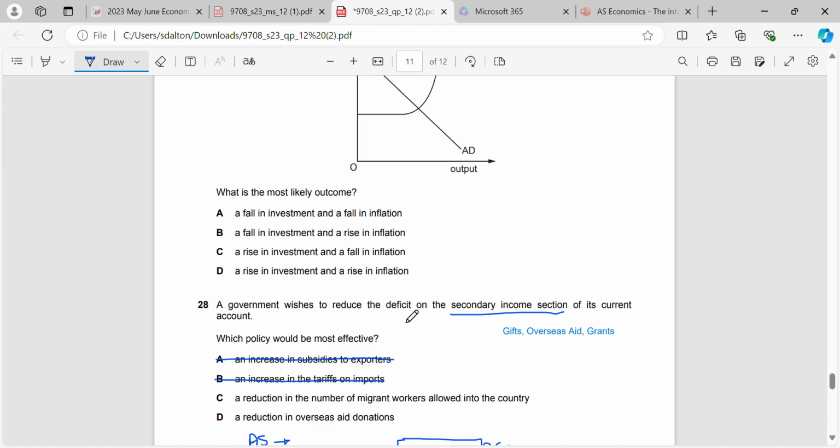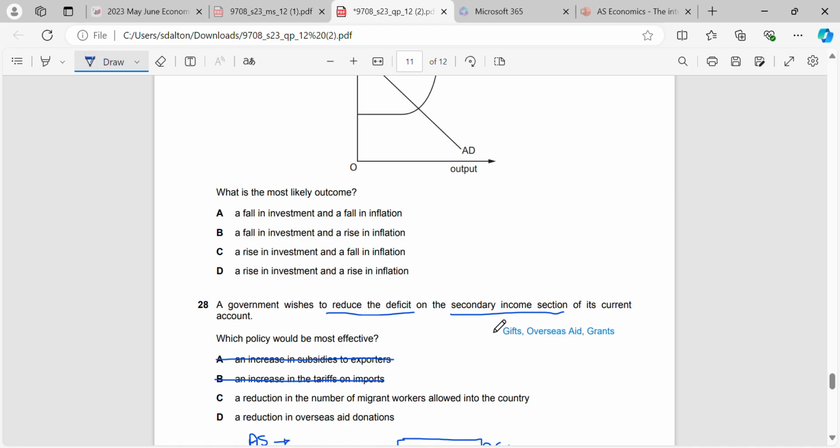Remember, there's 4 components on the current account. There's the balance of trade in goods, there's the balance of trade in services, there's the primary income account, and then there's the secondary income account. We're looking to reduce the deficit, so we're looking to improve our current account balance of payments, which is either reducing our debits, which is the money that's going out, or increasing our credits, which is the money that's coming in.